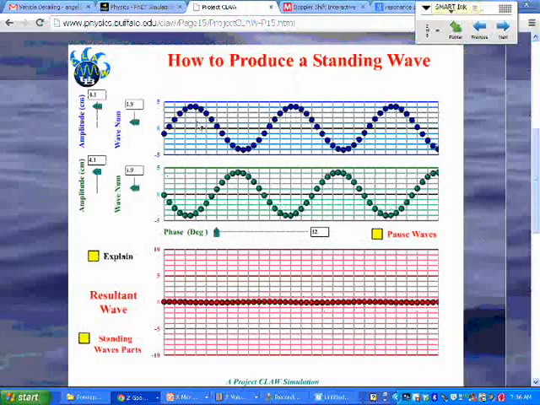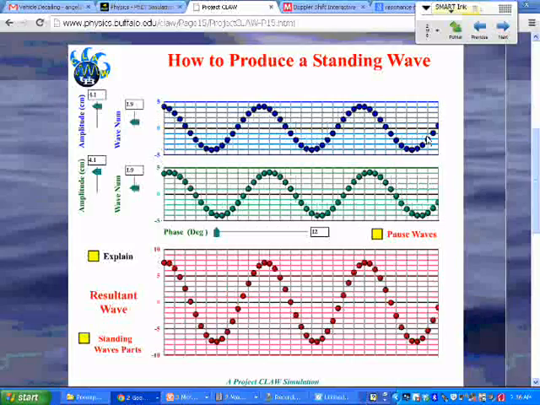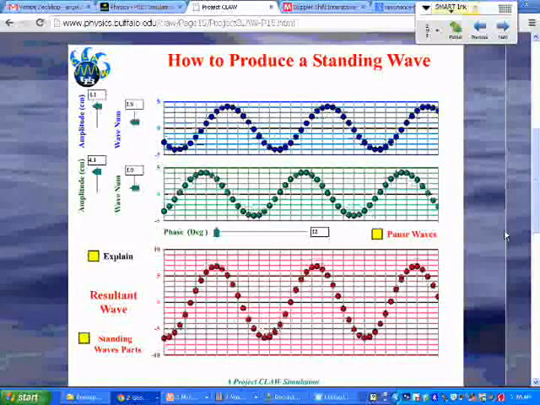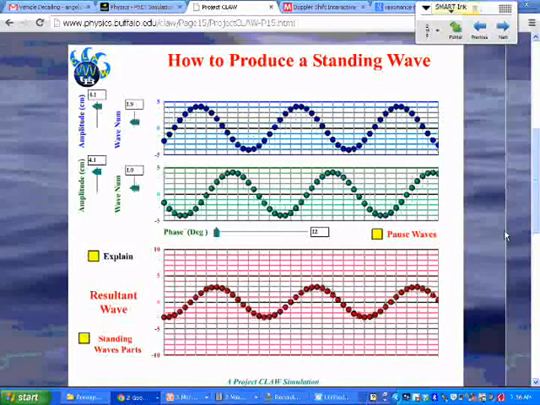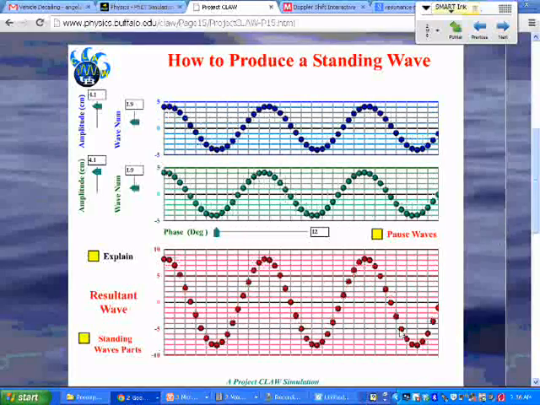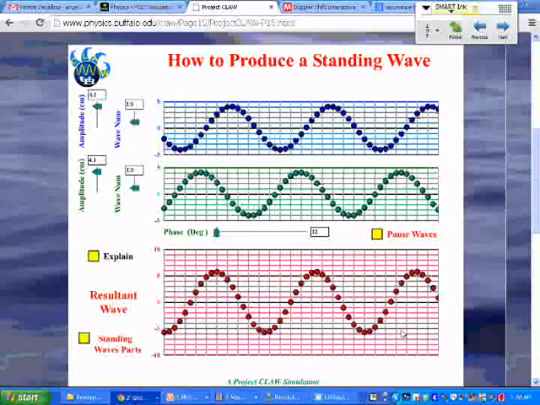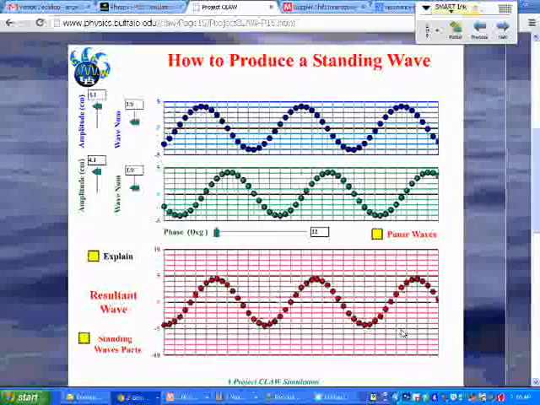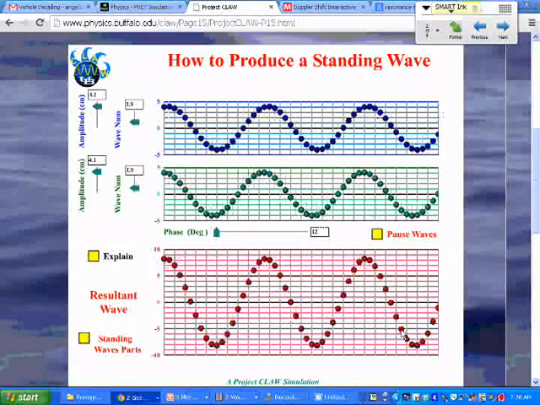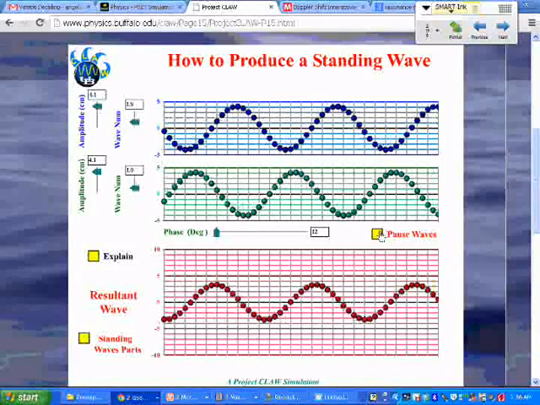Okay, so for instance, the blue line up here is one of our waves. The green is the other wave. When they come in contact, they make this red wave here at the bottom. And if you'll notice, let's pause these so that we can look at them.